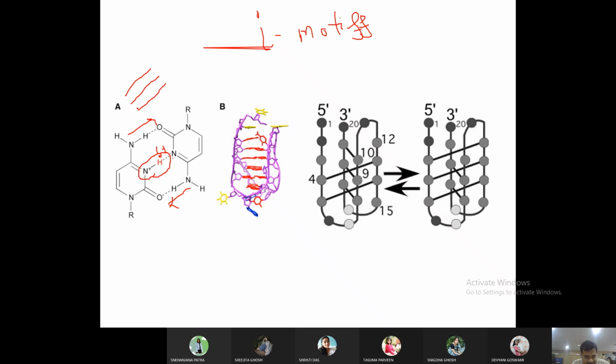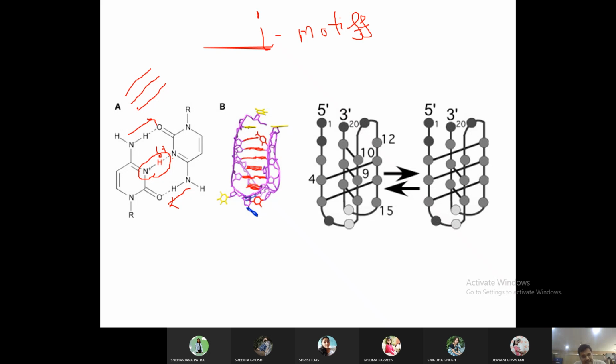Is it okay? Sir, there are only 3 hydrogen bonds all the time. For two of them, the donor-acceptor direction is constant. In the middle one, the donor-acceptor identity switches over maybe a few thousand times per second.